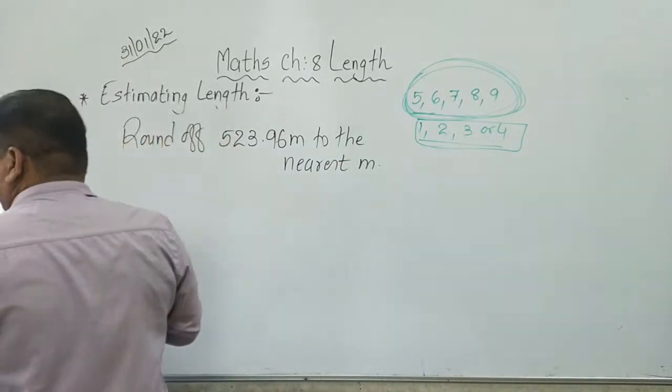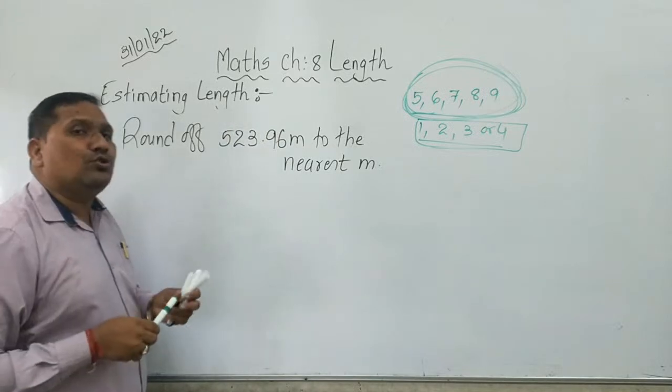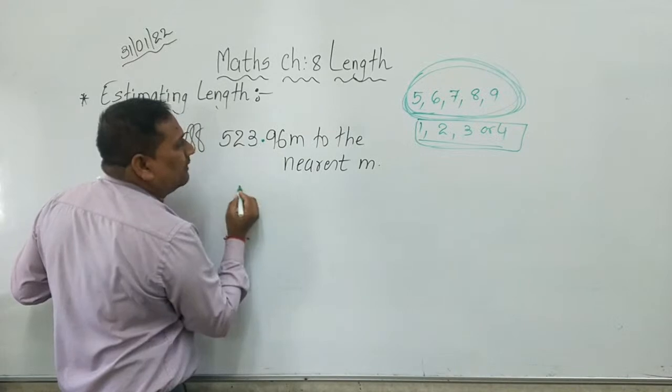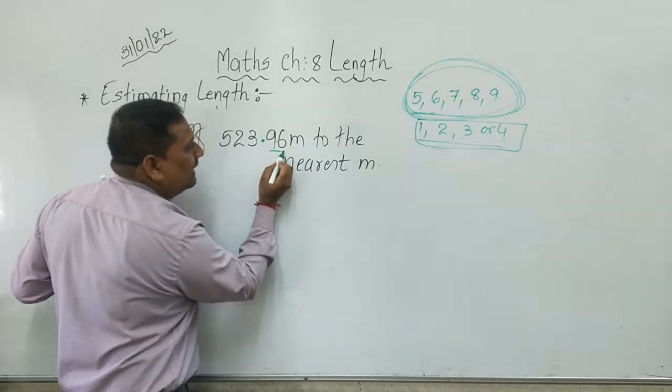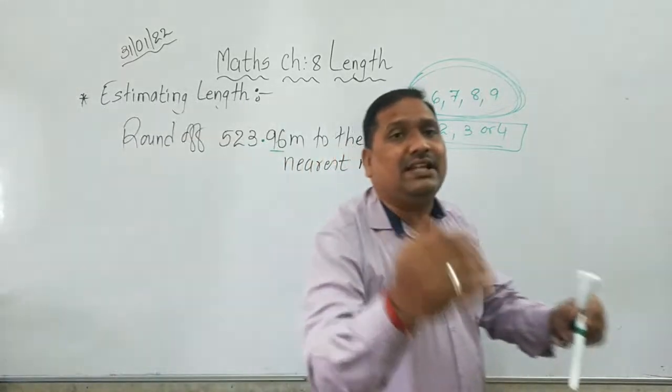Okay. Now see students, over here after decimal 2 digits are given. After decimal, how many are given? 2 digits are given, and it is 96.